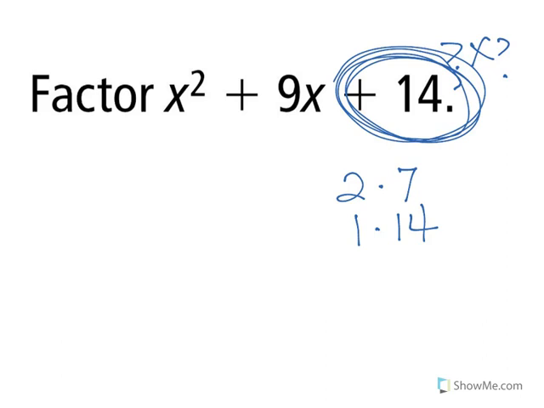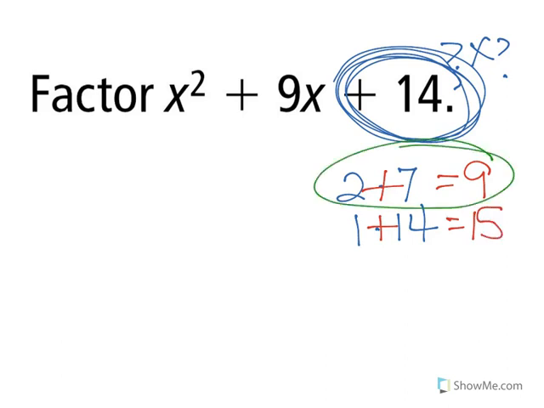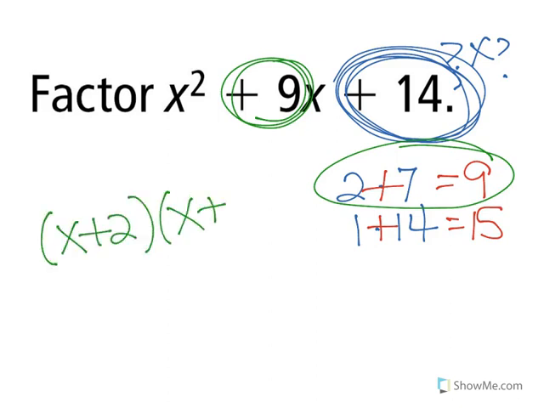And then we need to think, okay, if we add 2 plus 7, we get 9. If we add 1 plus 14, we get 15. So this one right here is the one that adds to our b, the number in the middle. So we just need to write our binomials, x plus 2 times x plus 7. Yes, you can write x plus 7 and x plus 2, it doesn't matter.